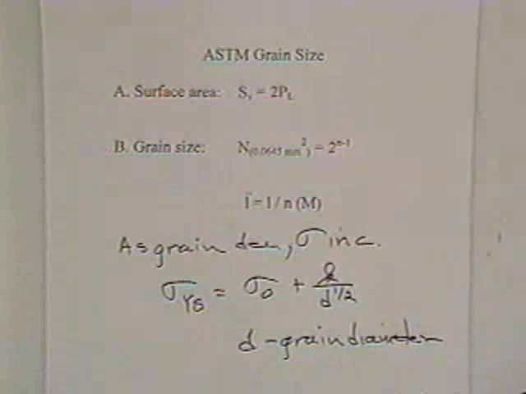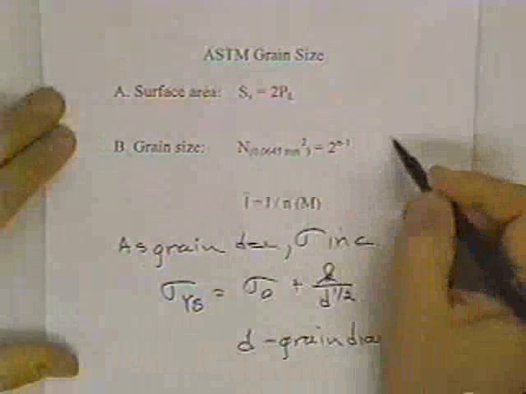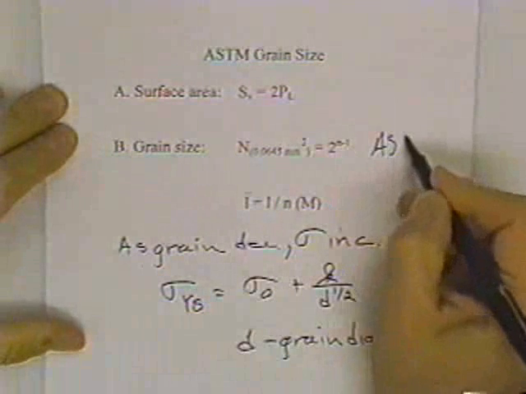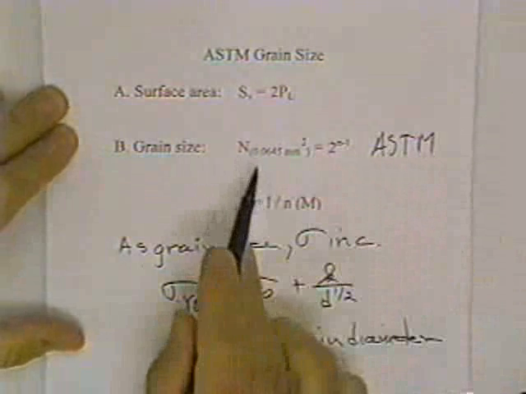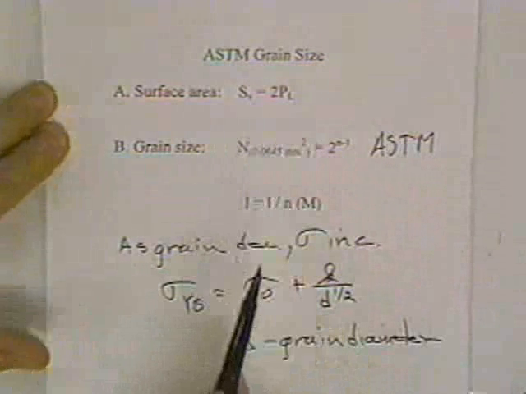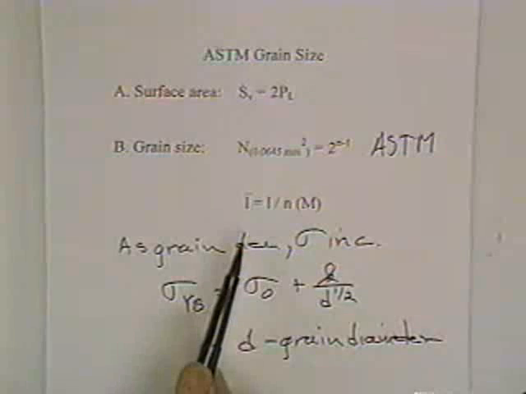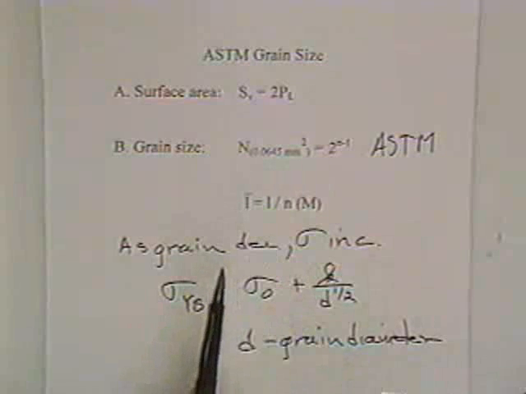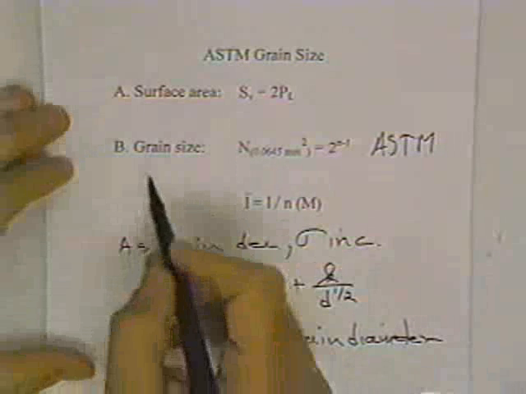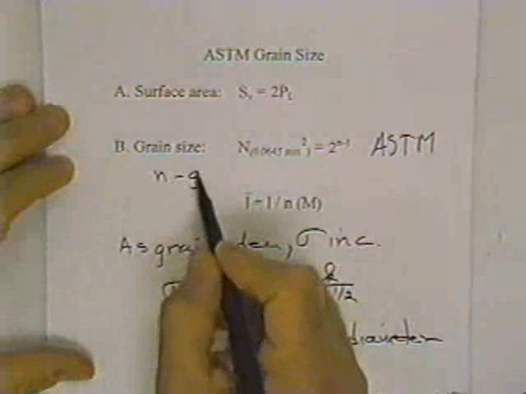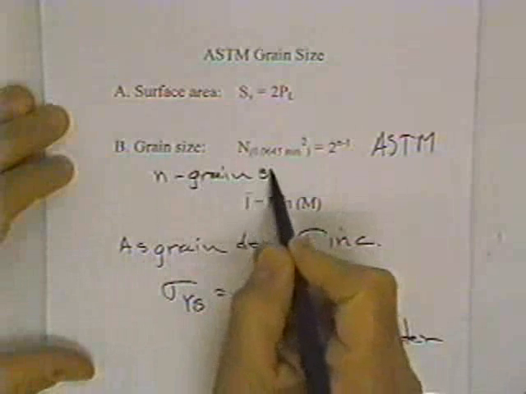One of the ways of determining the grain size is from an ASTM expression, which says the number of grains in some unit measure, in this case 0.06 millimeters squared, is equal to 2 to the n minus 1, where n is the grain size.